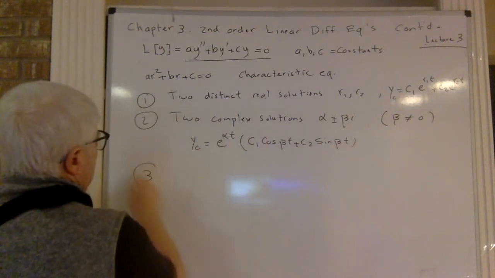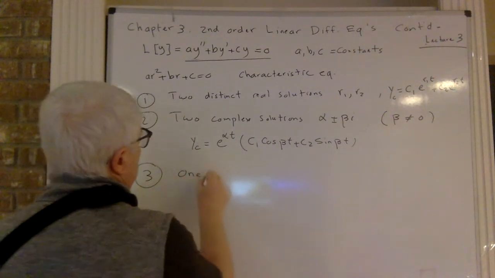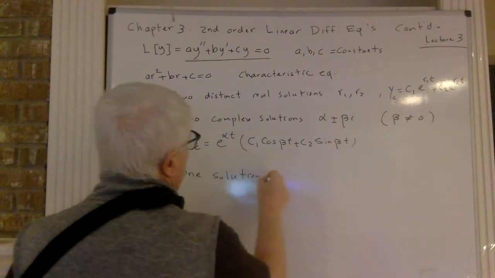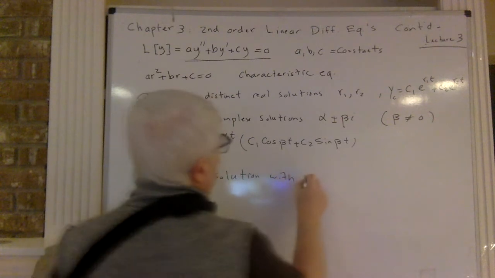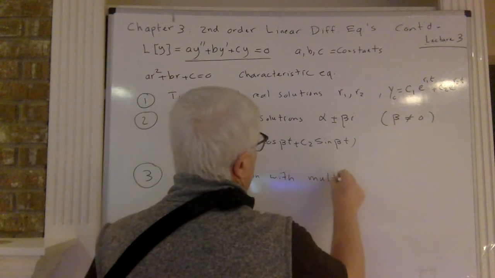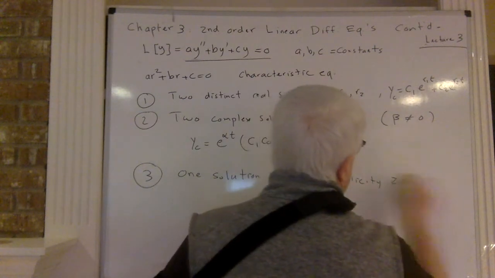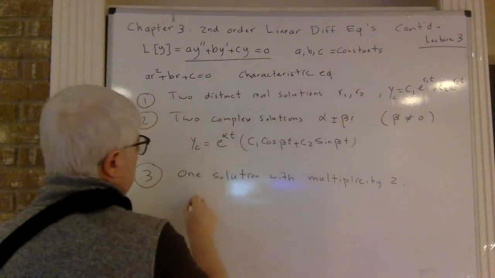And the third one was one solution with multiplicity 2. Say the solution is r.